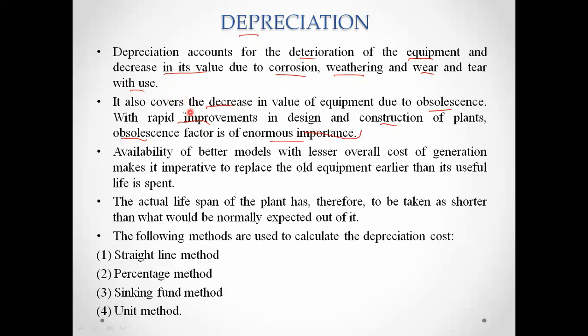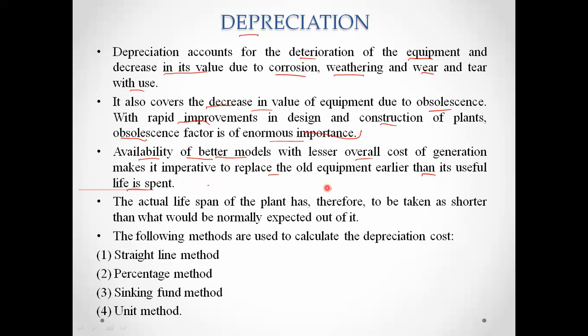Why? Because if we consider this obsolescence factor, there will be a decrease in the value of equipment, and better models become available with lesser overall cost of generation. It makes it imperative to replace the old equipment earlier than its useful life is spent, so we can use the better models.